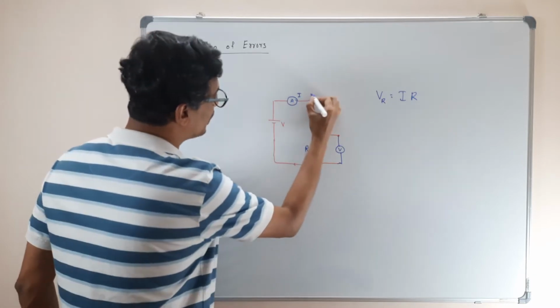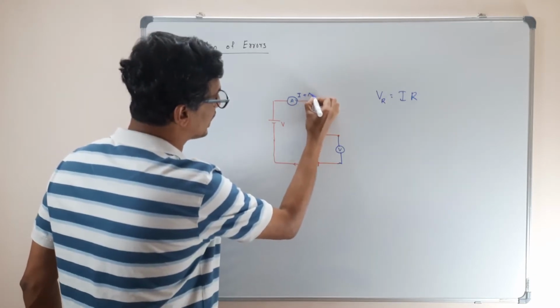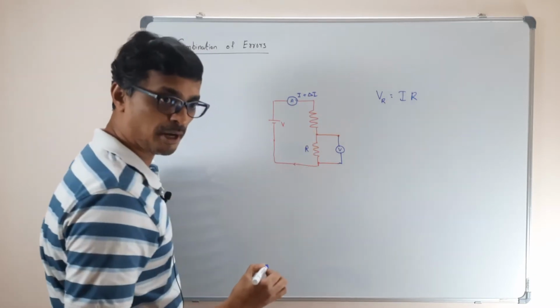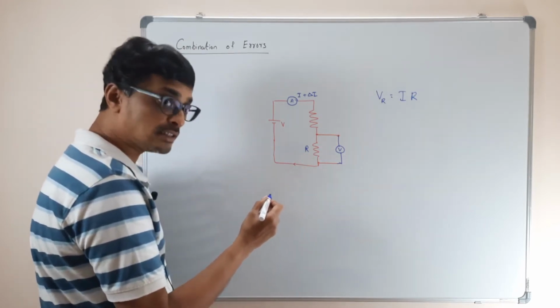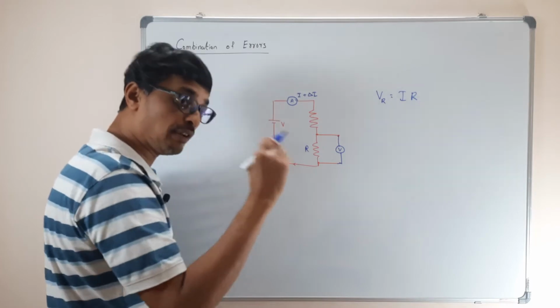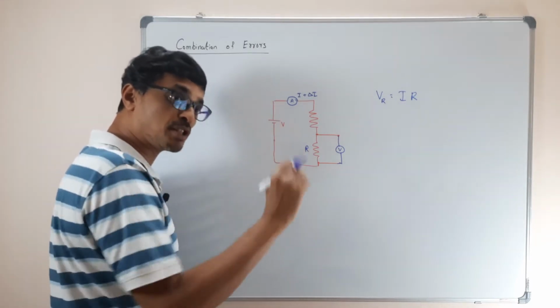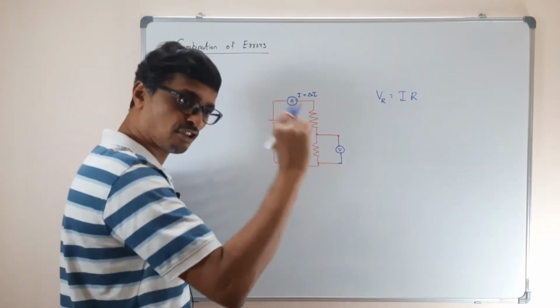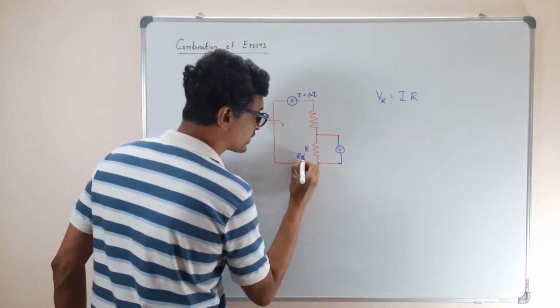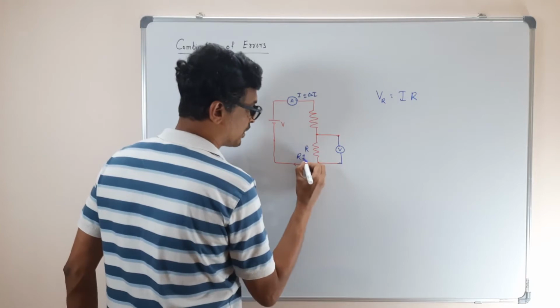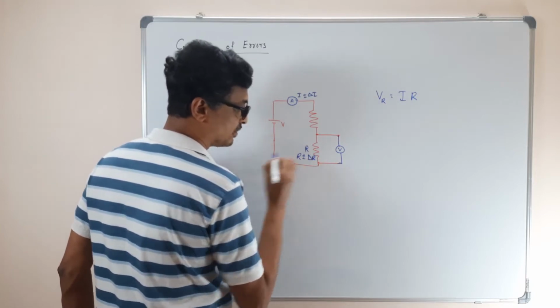So I will have I plus delta I. Am I right? And similarly resistance, in physics, no measurement is exact. There will always be an error associated with it. So it is not going to be R, it should be R plus or minus delta R.